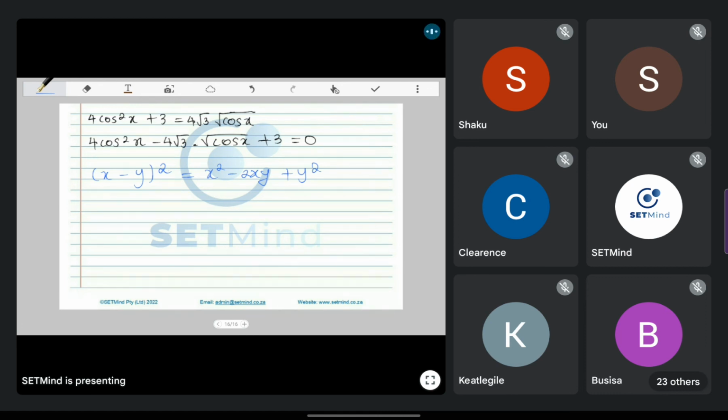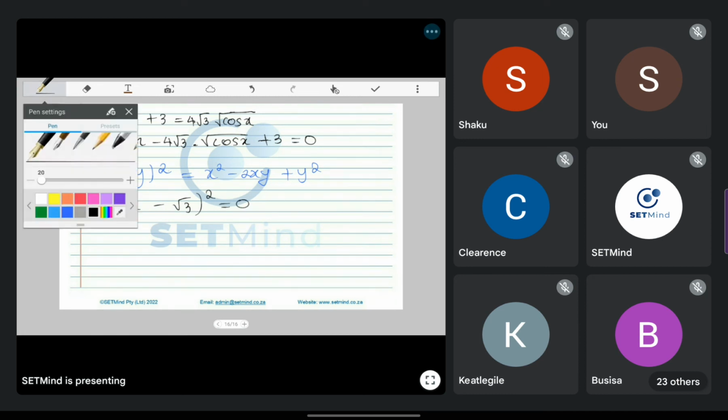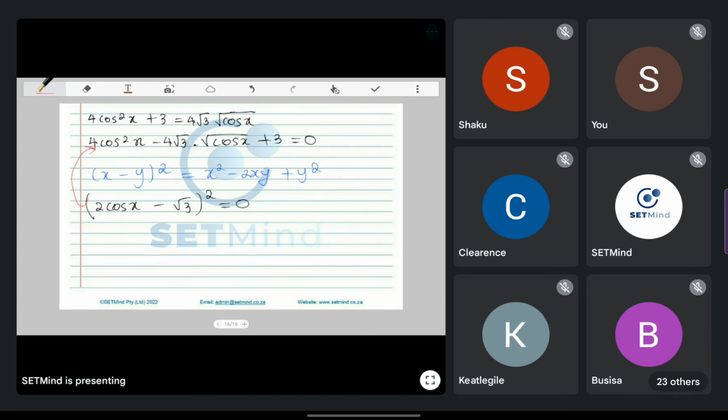All that means is this was initially 2 cos x minus square root 3, whole squared equal to 0. So if you expand this, you will come back to this. I'm not sure if this is what the gentleman was saying, but this is what I took out when I'm taking this part to the other side.